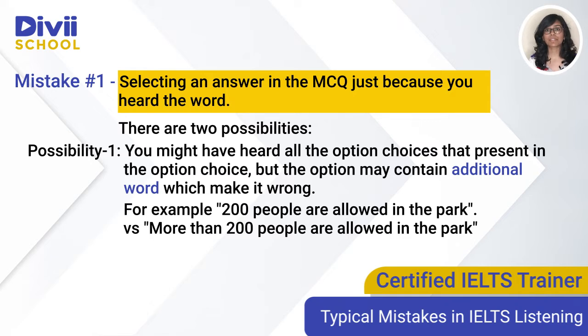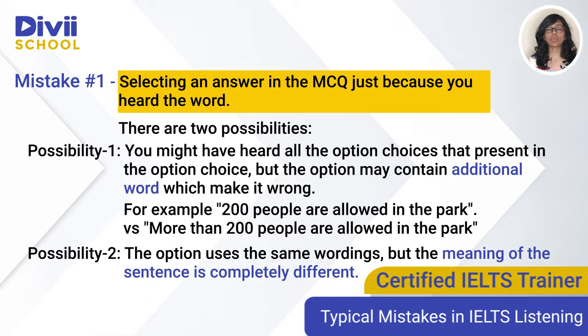The meaning is different. The other possibility is that while all the words that you hear may be present in the option choice, the meaning itself is completely different. So be careful when you select a multiple choice option. Remember, you must understand the meaning of the option and not just hear the words.